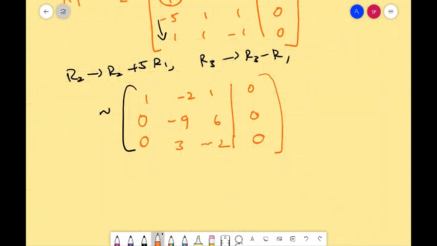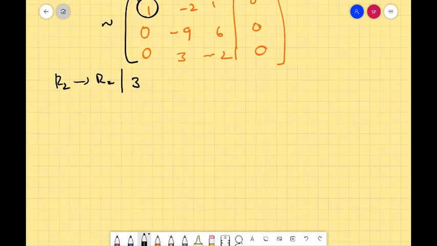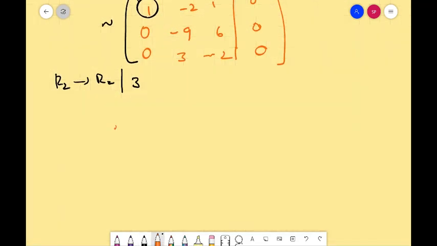Now this is the pivot. Before that I can divide R2 by 3. Then this will be transformed to 1 minus 2, 1, 0; 0 minus 3, 2, 0; 0, 3, minus 2, 0.